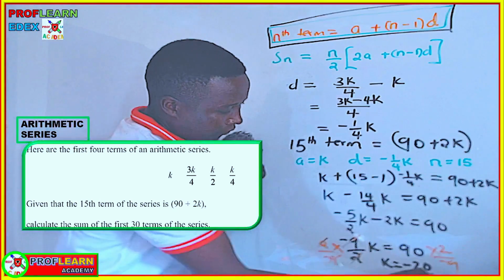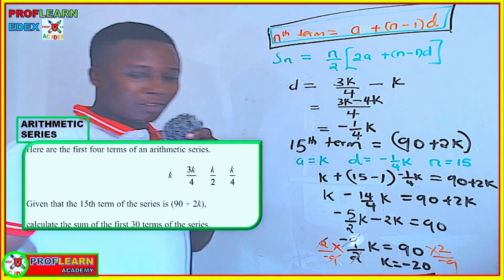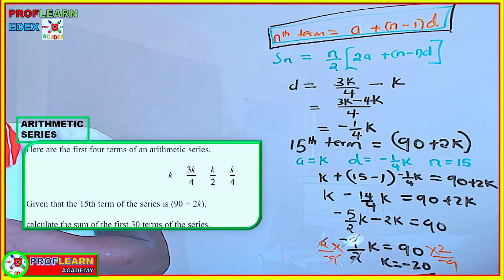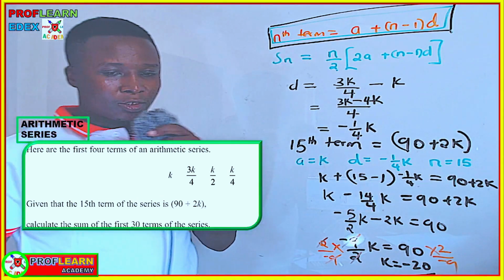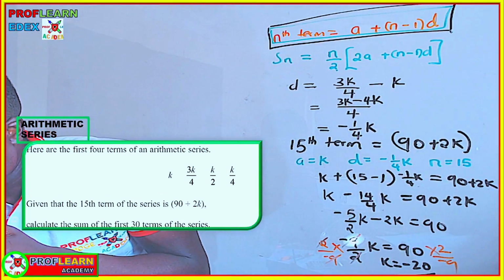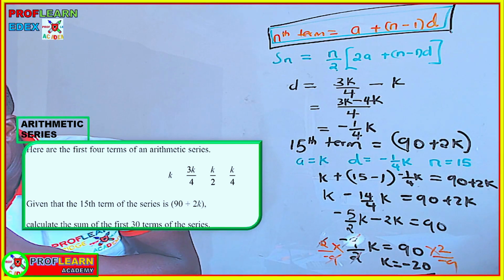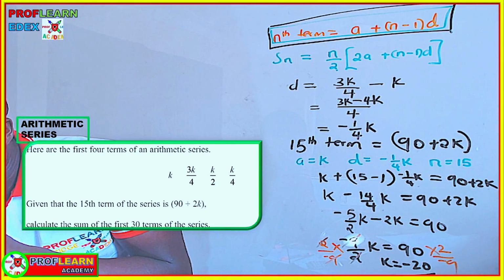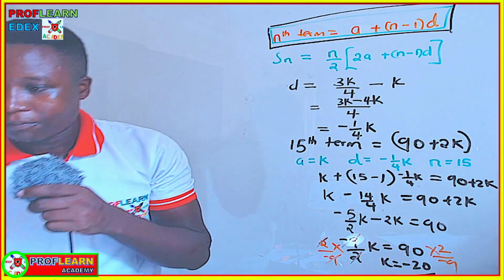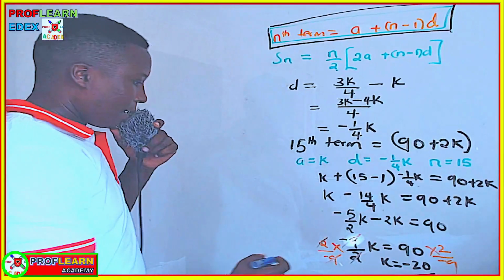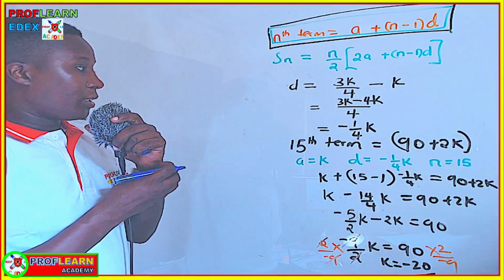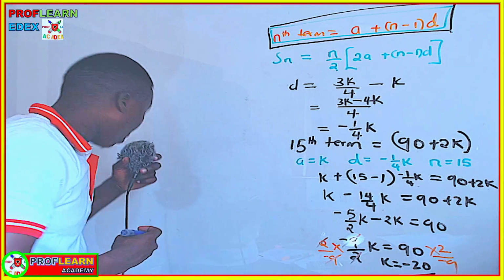Now that we have negative 20 as the value of k, we can go ahead and work out the sum of the first terms. Let me first remove this part here so that we have enough space. Now that we have the value of k as negative 20, we can find the common difference.